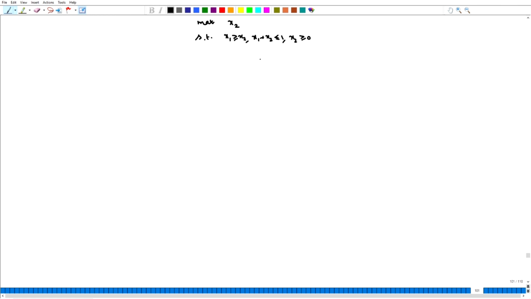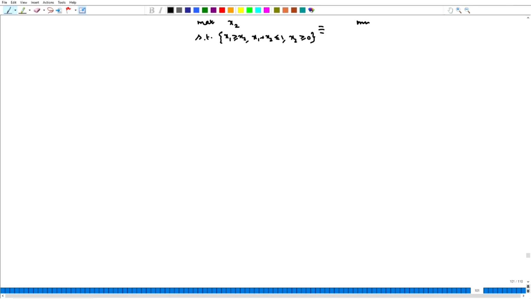If you recall, the standard form of this, just to note what is going on, you are actually maximizing x2 when the feasible polytope is a triangle with vertices (0, 0), (1, 0) and (1/2, 1/2).